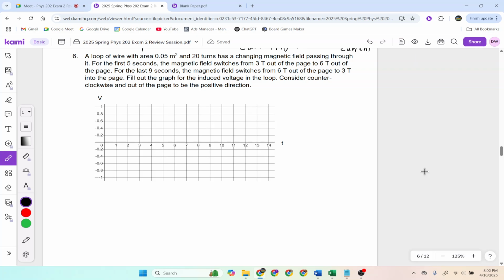So the way I would approach this, first I just want to write down the information I know. Area is 0.05 meters squared. Number of turns is 20. For the first 5 seconds, we're switching from 3 Tesla out of the page to 6 Tesla out of the page.